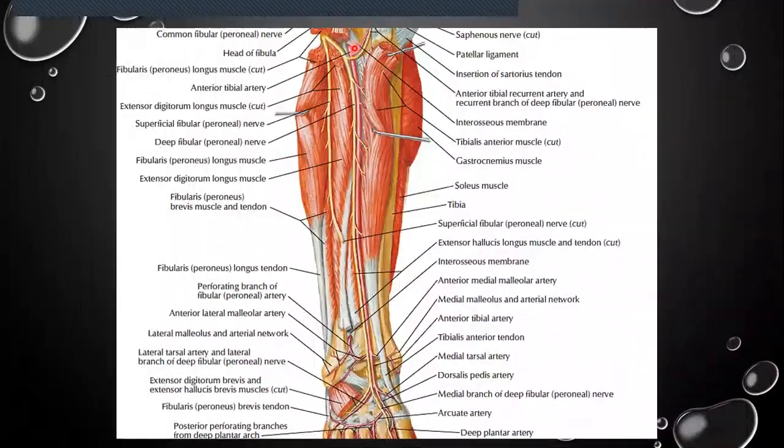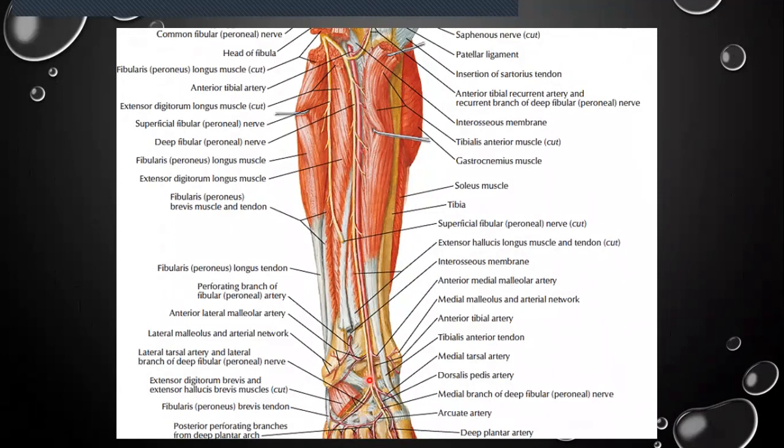So maybe a diagram to show you that. Here you can see after it has passed between the two heads of tibialis posterior, it will pass through a gap in the interosseous membrane, then run downward. At first, it will lie between tibialis anterior and extensor digitorum longus, then between tibialis anterior and extensor hallucis longus.